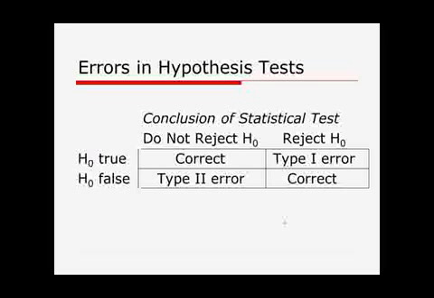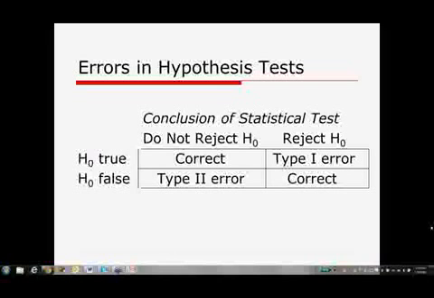By the way, there's a null hypothesis and an alternative. Sometimes we write that as H1. That's our research hypothesis. So in reality, either the null hypothesis is true or false. Because we're not willing to look at the entire population, and instead we have a sample of individuals and we're looking at their data, we can't know for sure if the null hypothesis is true or false.